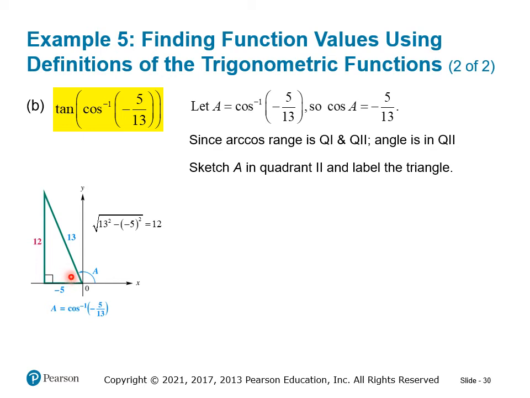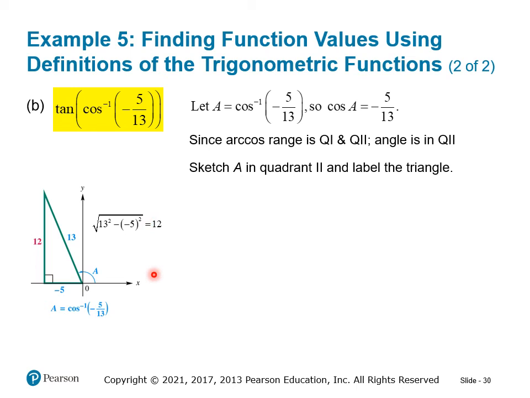The adjacent side is negative 5, the hypotenuse is 13. We can find the other side with a squared plus b squared equals c squared, or negative 5 squared plus y squared equals 13 squared, and then simplify.